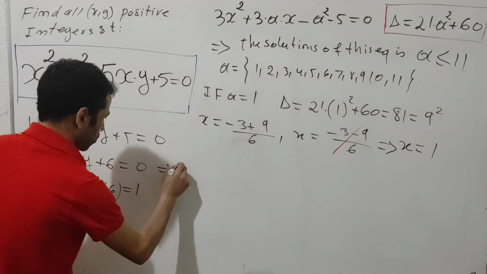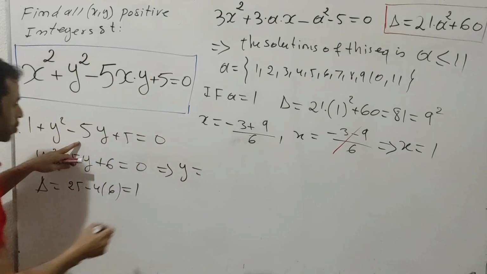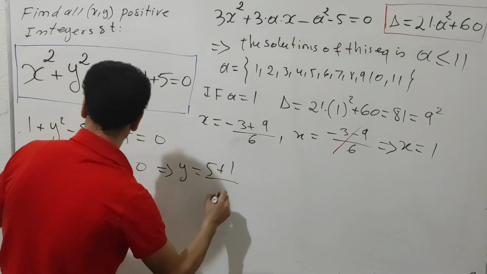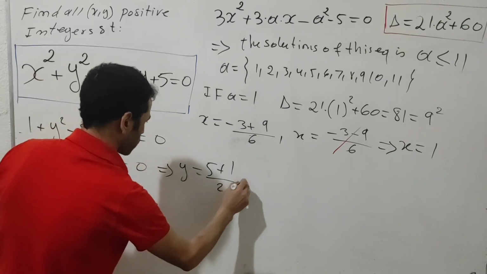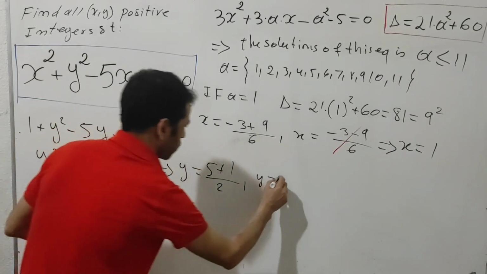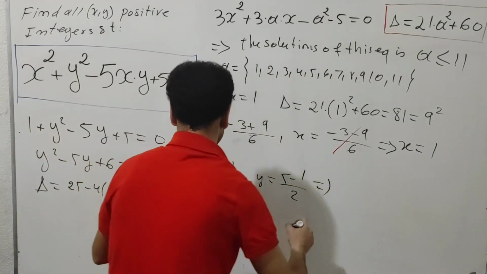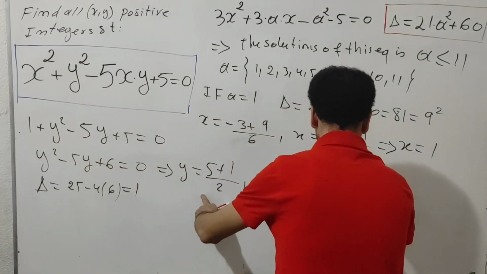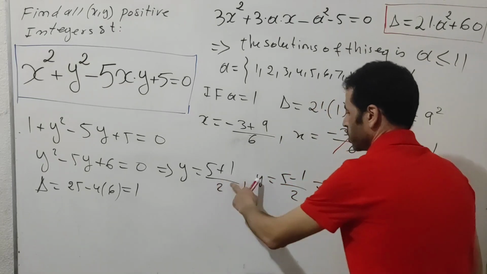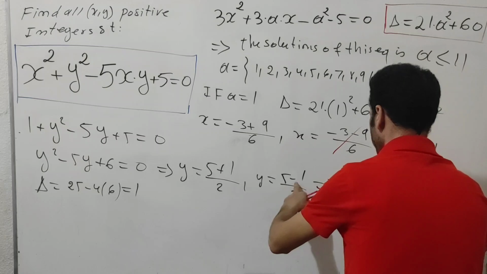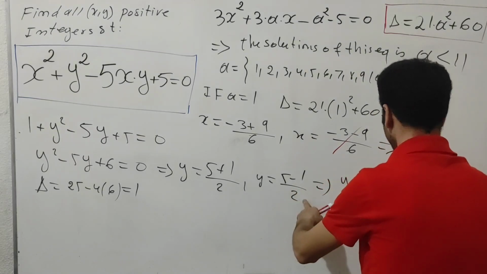So y equals minus b, which is 5, plus the square root of delta, which is 1, divided by 2. The second solution is 5 minus 1 divided by 2. So I will have two solutions: y equals 5 plus 1, which is 6, divided by 2 is 3. The other solution, y equals 5 minus 1, which is 4, divided by 2 is 2.